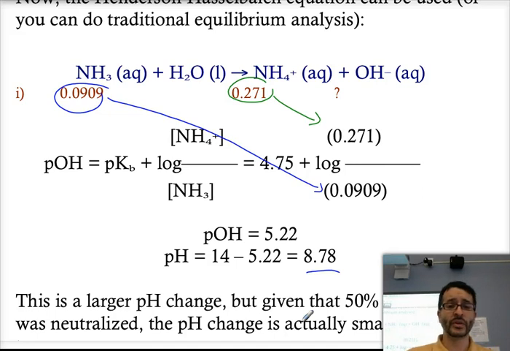But remember, the original pH would have been 9.25. But if you have neutralized 50% of the buffer, that is quite significant. If you had neutralized 50% of just the ammonia present there, the pH would have changed very, very dramatically. Not just half a pH unit, but it would have changed much, much more than that.